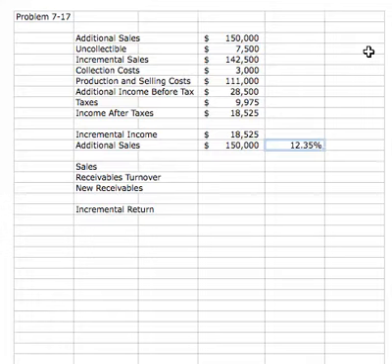Now the next question asks us, if the receivables turnover ratio is 3:1 and no other asset buildup is needed to serve the new customers, what will Johnson's incremental return on the new average investment be?